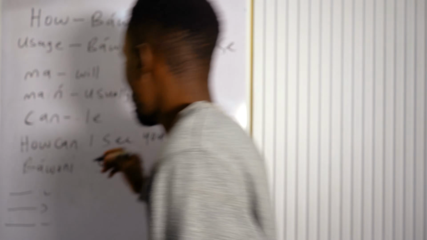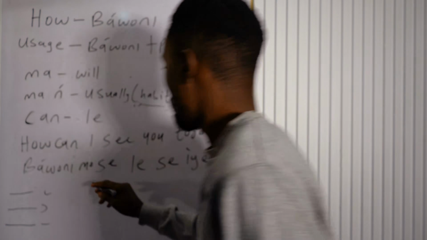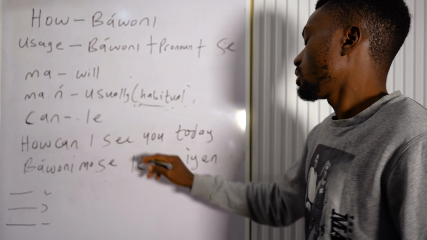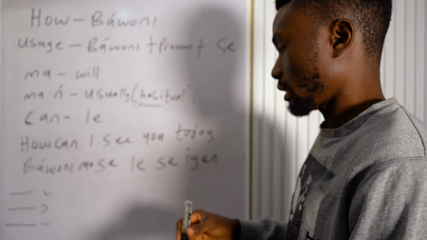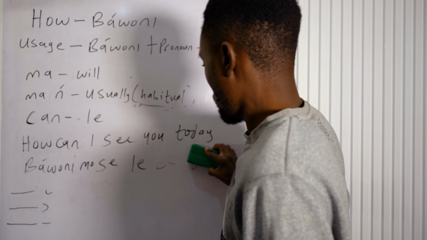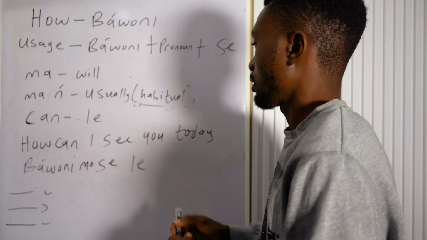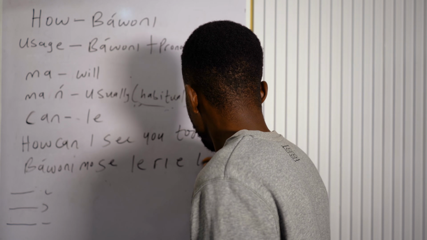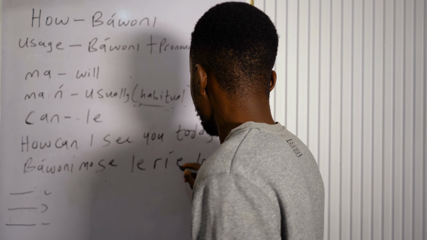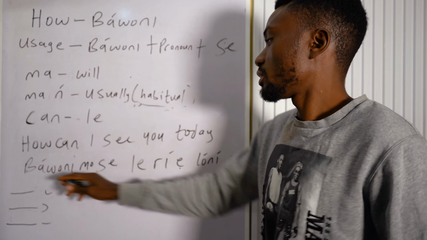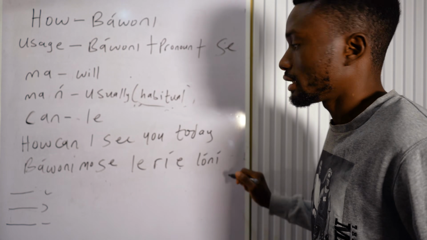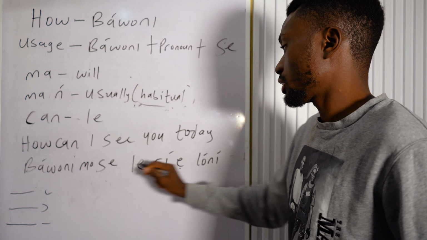It will be báwo ni mo ṣe, still can, le, see you today. What do you think that's going to be? Báwo ni mo ṣe lè rí ẹ lónìí? That will be báwo ni mo ṣe lè rí ẹ lónìí?